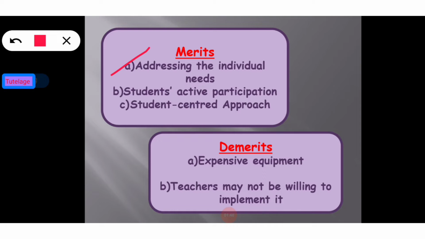It adjusts based on the individual learning progress, so software adapts according to how the student is learning. Whether it is a game, interactive demonstration or assessment, it is a student centered approach, and there is active participation by students. And now going to some demerits.